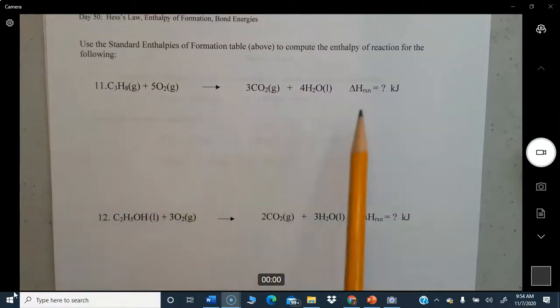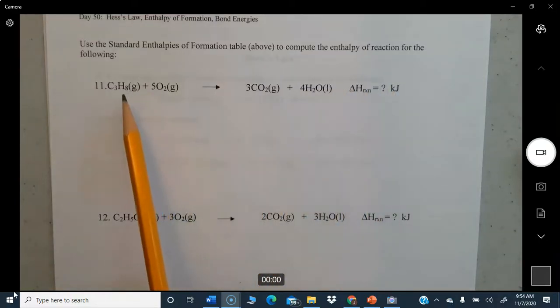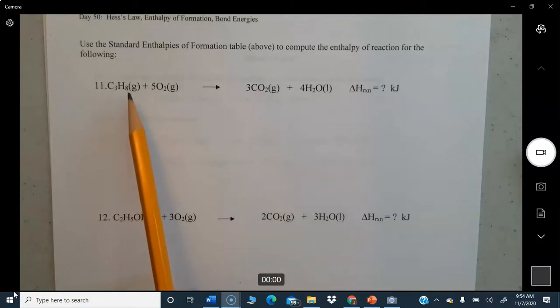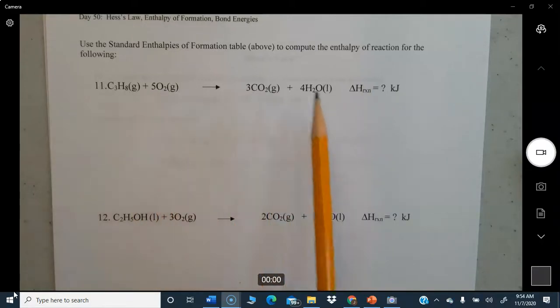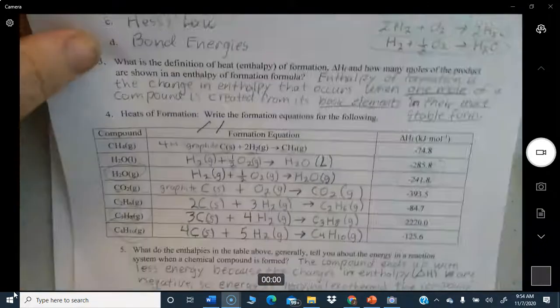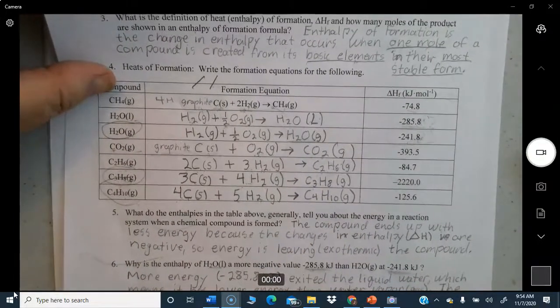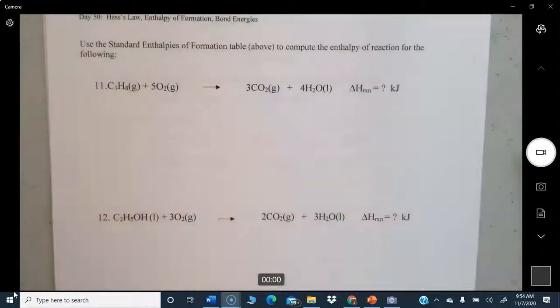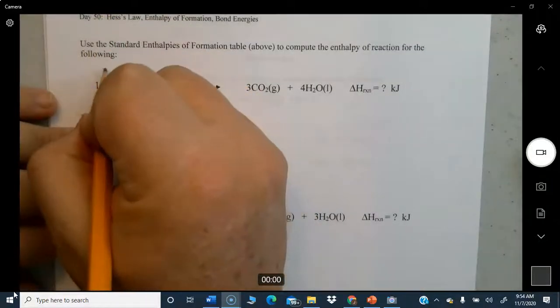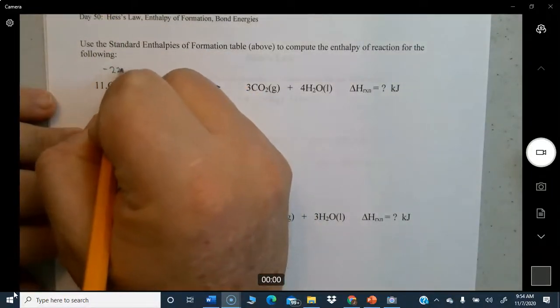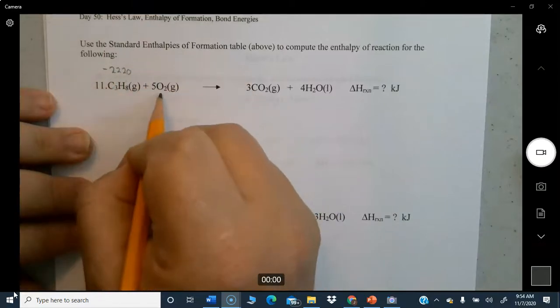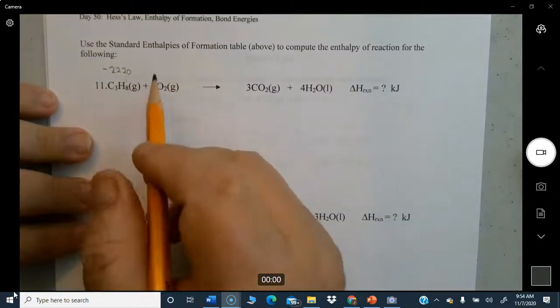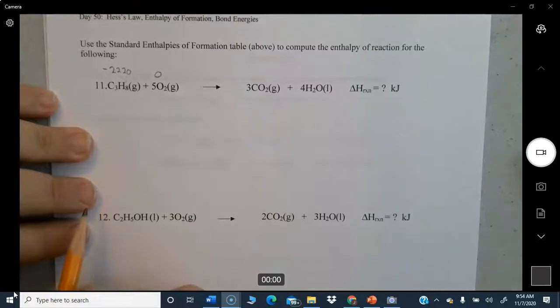So what we're trying to find out is the enthalpy of the reaction when we combust propane with oxygen to get CO2 and H2O. So let's go over here and just fill in the values up above here. For propane, C3H8, it's right here. It's negative 2,220. Oxygen is a pure element, so it has no enthalpy of formation.